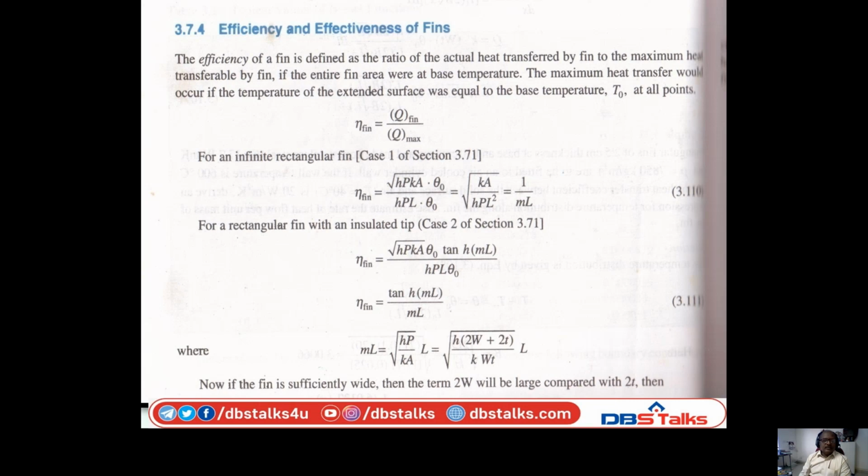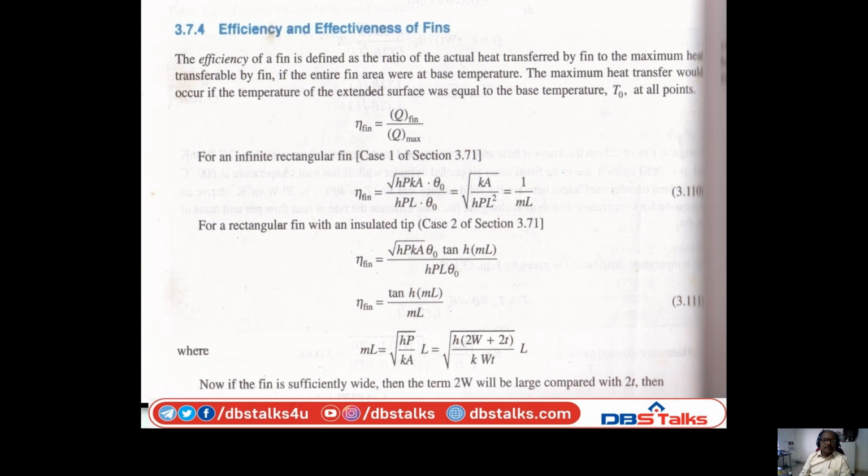In case of actual heat transfer, if you take a long fin, actual heat transfer equals square root of hP kA into theta naught, and it also equals hA into delta T. This is convective heat transfer. If you substitute, you will get 1 by mL.